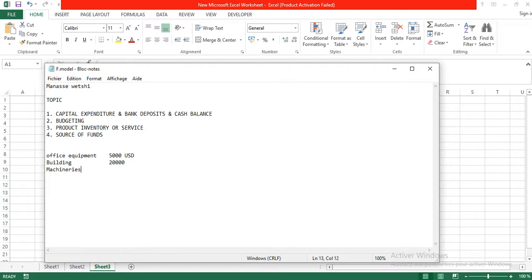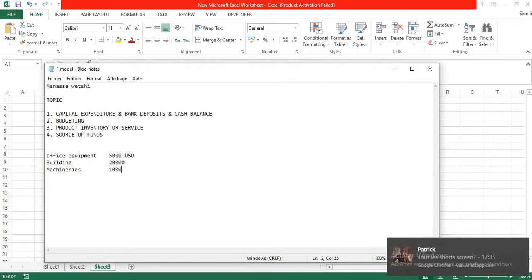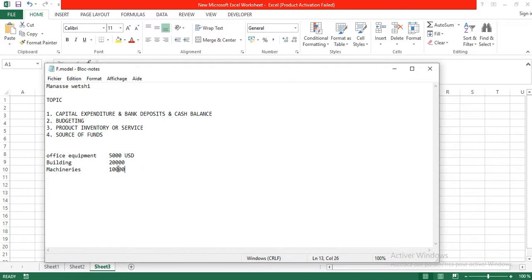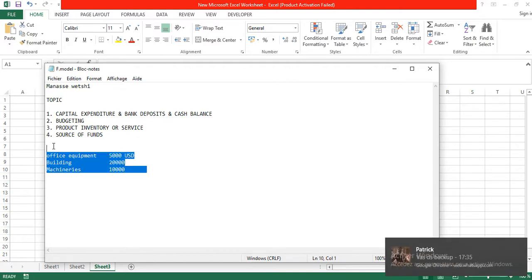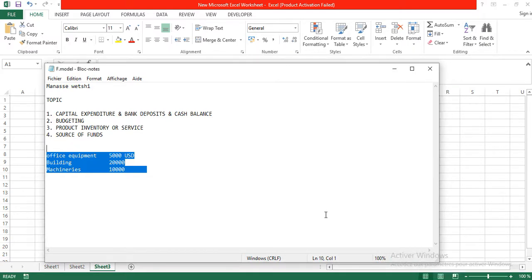Machinery is anything that you use that can help you transform raw material to finished goods. So assume buying machinery for 10,000. Those are the different things. Those represent capital expenditure. You understand here? These represent capital expenditure.